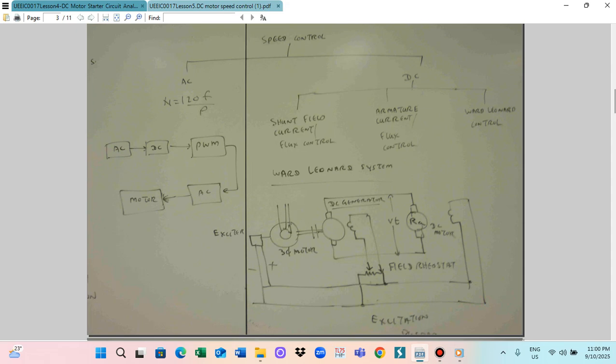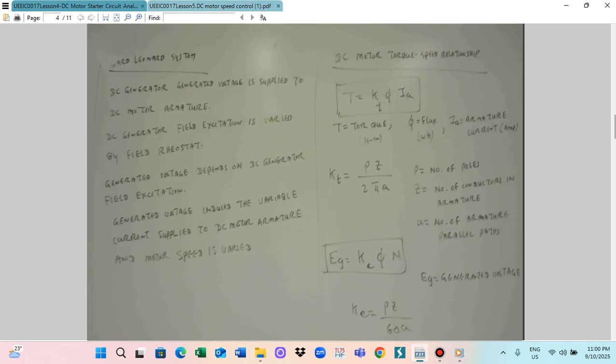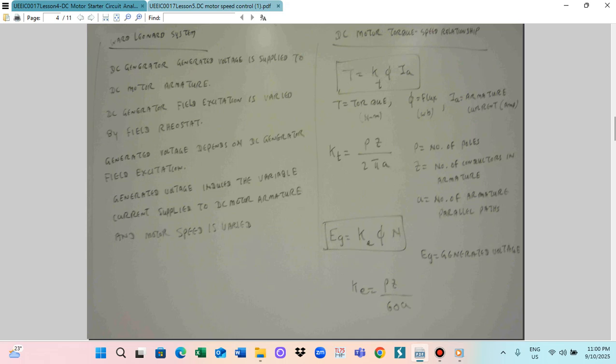So in this case, for DC motor armature control, current control, we use this equation: T is equal to K phi IA.